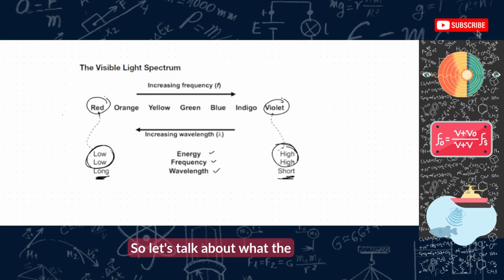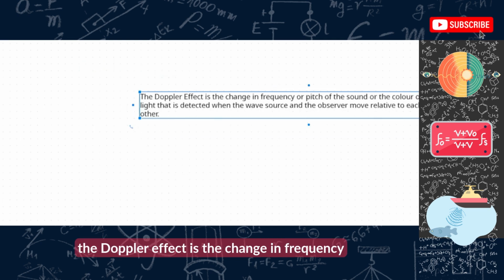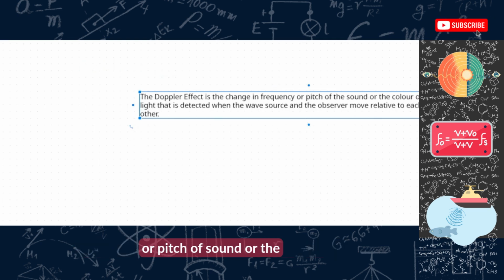So let's talk about the Doppler effect. The Doppler effect is the change in frequency or pitch of a sound or the color of light that is detected when the wave source and the observer move relative to one another.